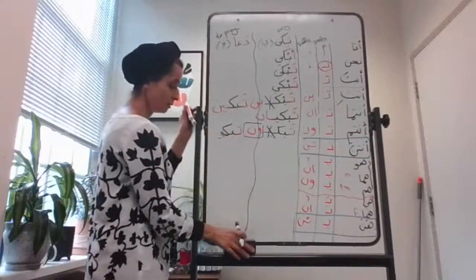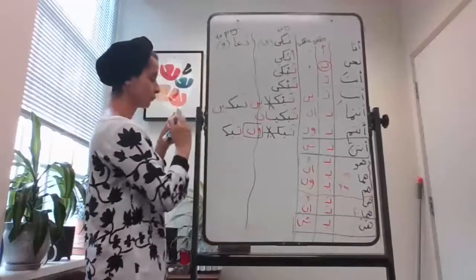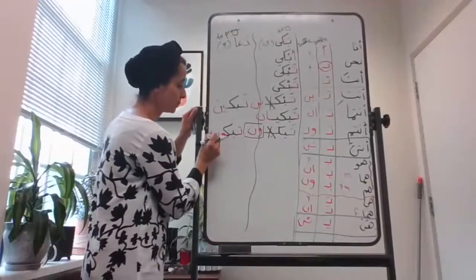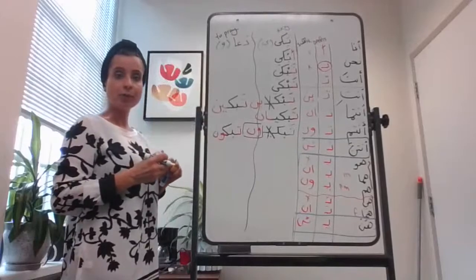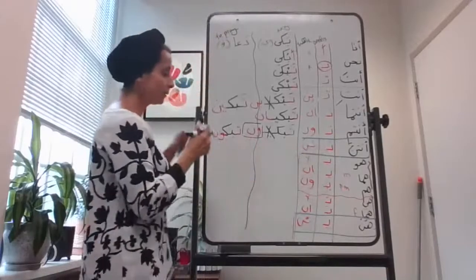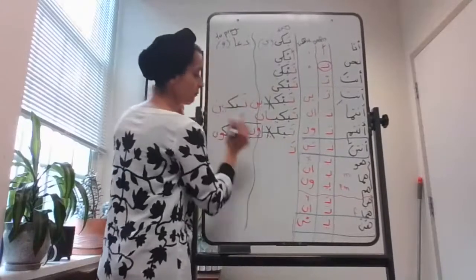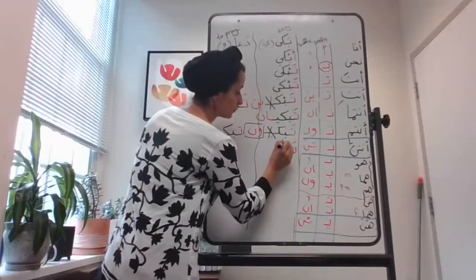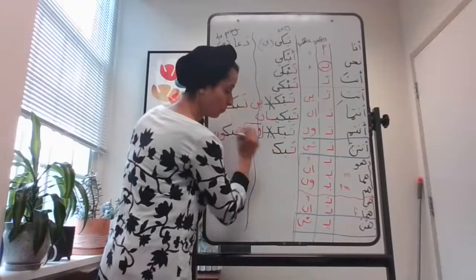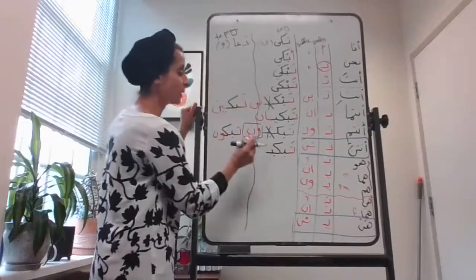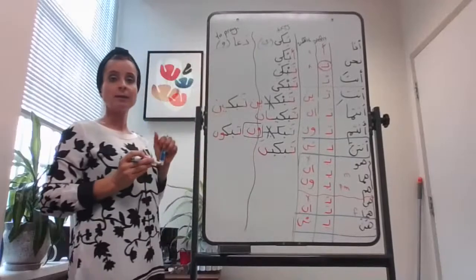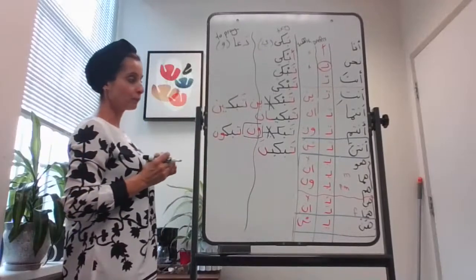This has to be in color because this is the suffix. أنتن تبكين. Okay?